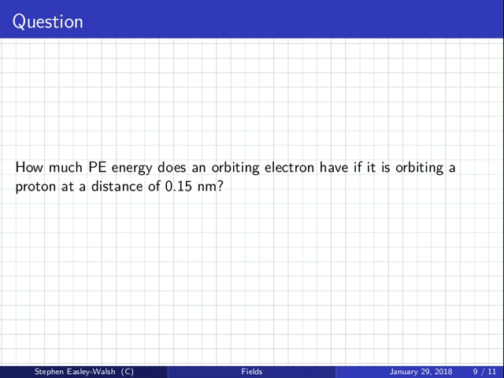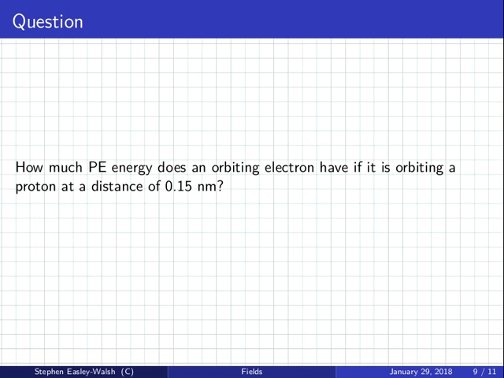So you have to consider the gravity pull. That's negligible compared to everything else. Did you get the potential energy? What is it? 1 point something times 10 to the negative.